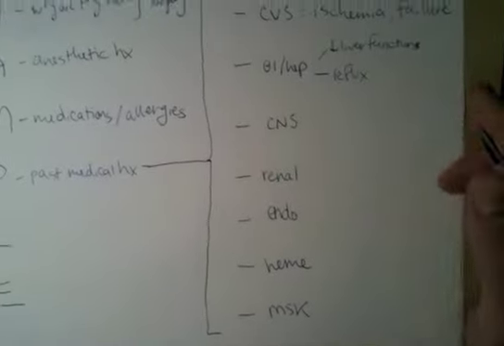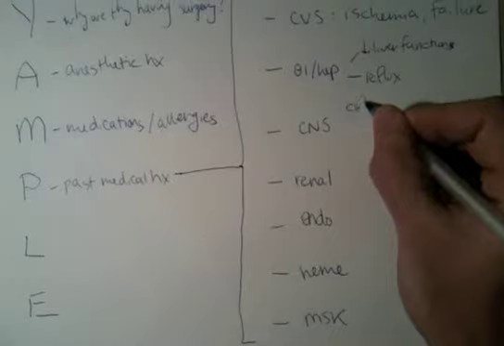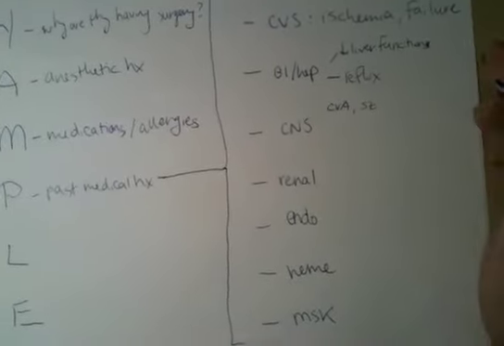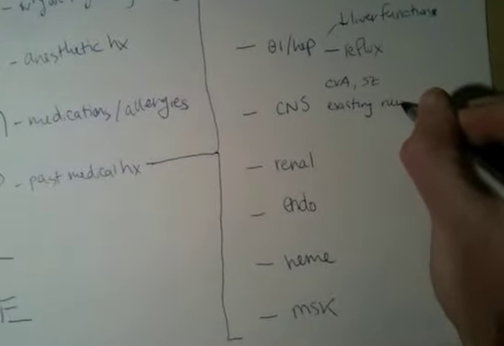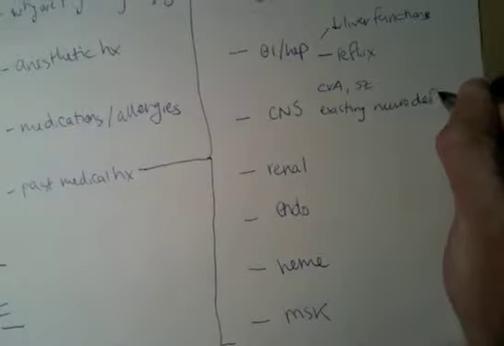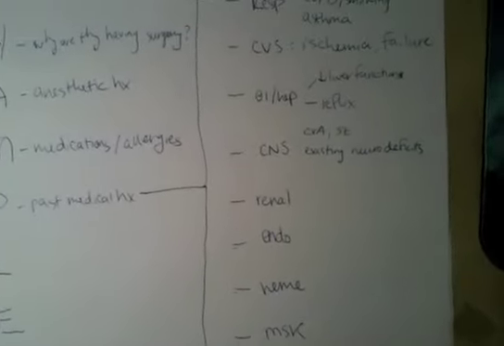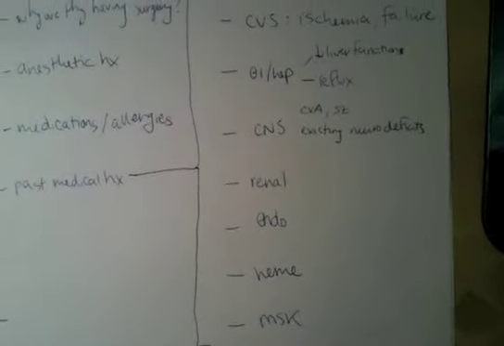Okay. In terms of the central nervous system, you want to know about a history of stroke or seizures, or any pre-existing neurodeficits. For example, if you wanted to put in a spinal anesthetic, you want to know if they have any distal neuropathies already existing.